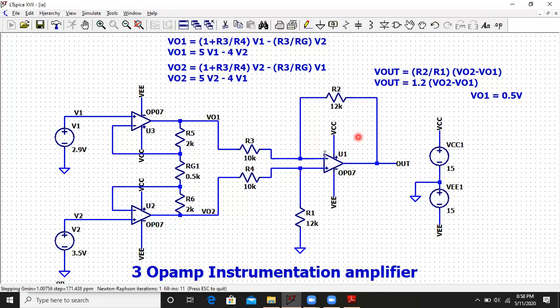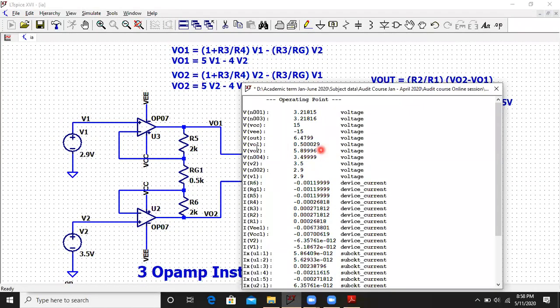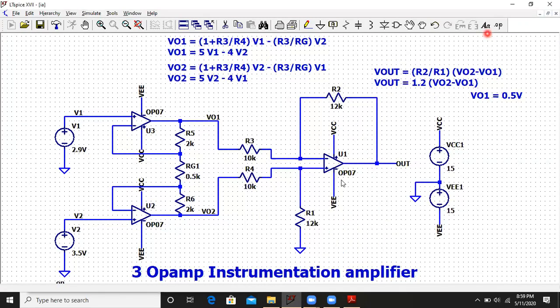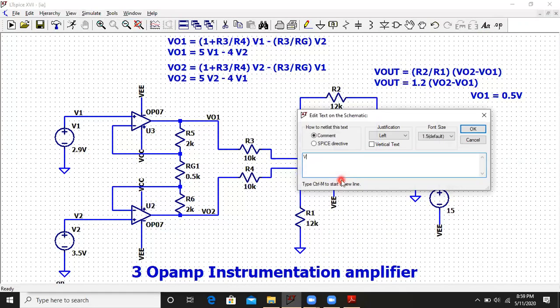And what was the value of, let us again check the value of VO2. So VO2 was coming out to be, we don't have an option to copy this. Okay, 5.89996. So VO2 will be 5.8999 volts.